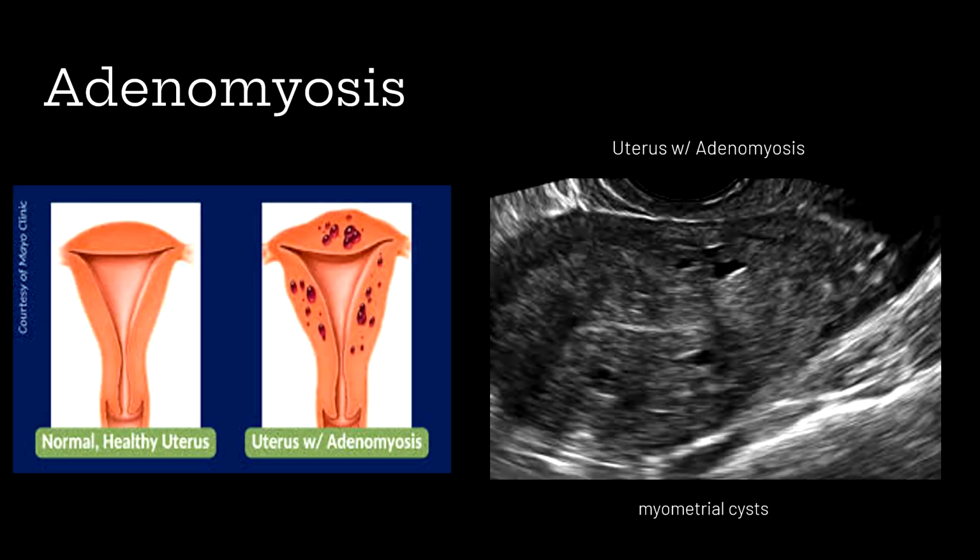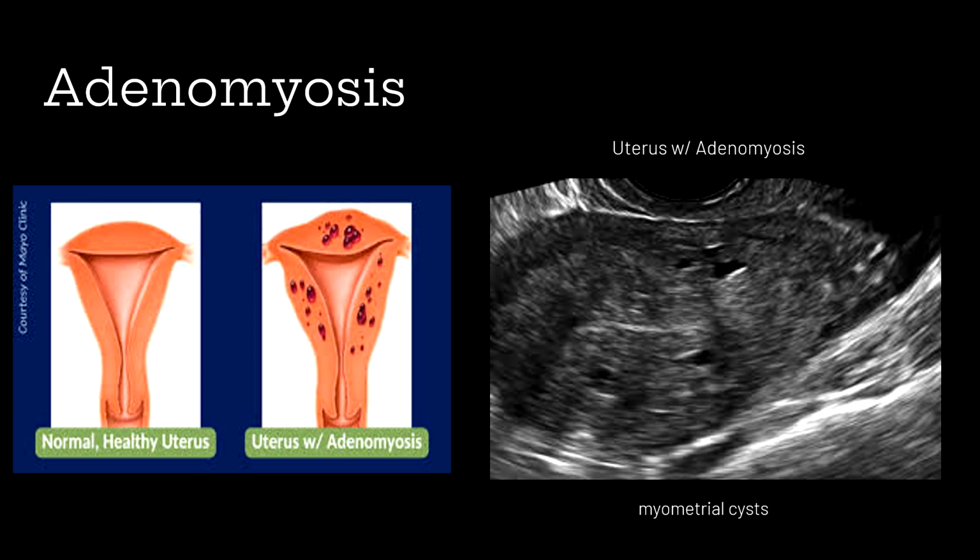In the cartoon image to the left, you can see the normal healthy uterus. Again, it's smooth. And if you look at the image of the uterus with adenomyosis, you see that it is irregular and a little lumpy, bumpy in contour compared to the normal healthy uterus.